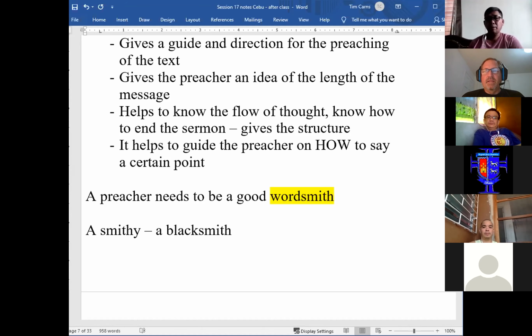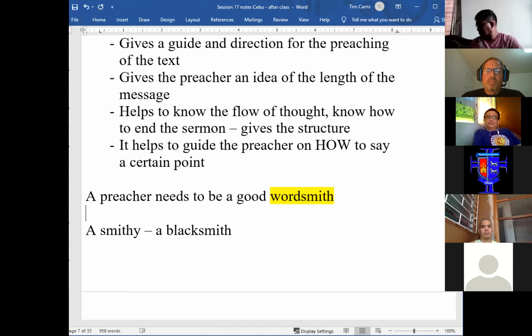That was one part of the class he told me about. He didn't use the word wordsmith, but he said we're taught how to use words well and to communicate. And that's basically what a wordsmith means. You can take words and put them together and create something that's excellent.